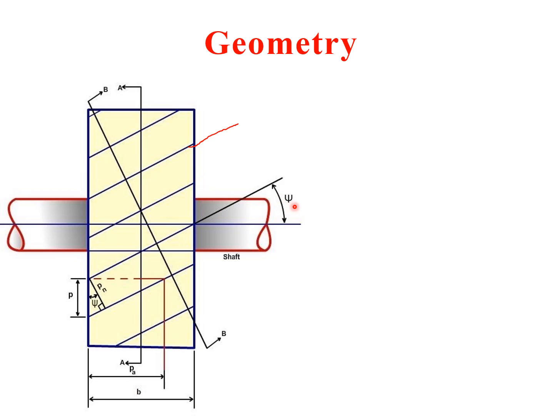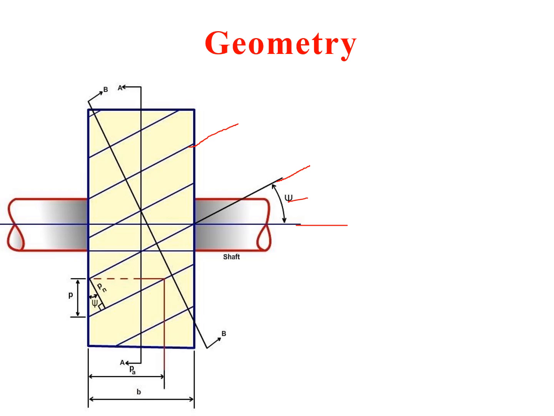Now here is the angle shown, that is called the helix angle. It is nothing but the angle between the line on the tooth and the shaft axis, or center axis of the shaft. This is called the helix angle, which is represented by psi.